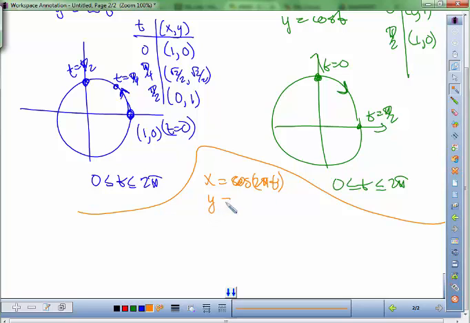If I change the period on my trig functions, where we have x equals cosine 2 pi t and y equals sine 2 pi t, it looks like it's going to trace out the same image that we had in the blue over here, starting at (1, 0) and going in the counterclockwise direction.